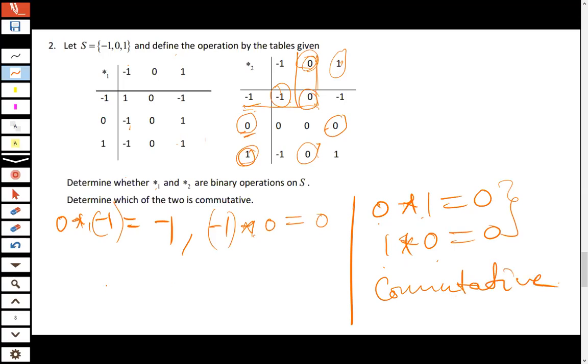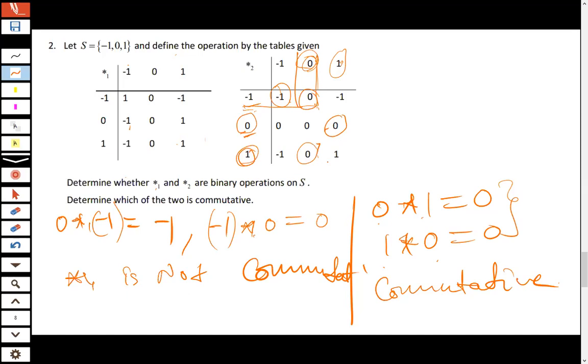So star 2 is commutative, and then star 1 is not commutative. It's just as simple as that. You just read the tables and check the numbers.